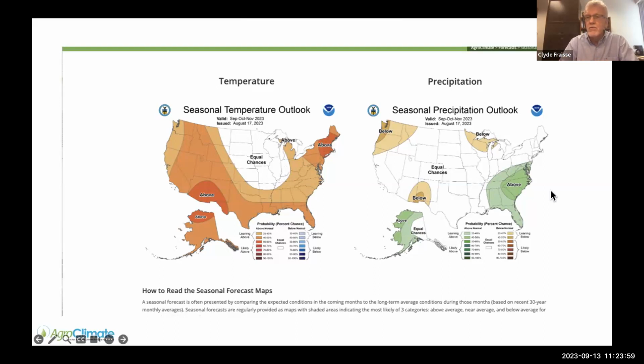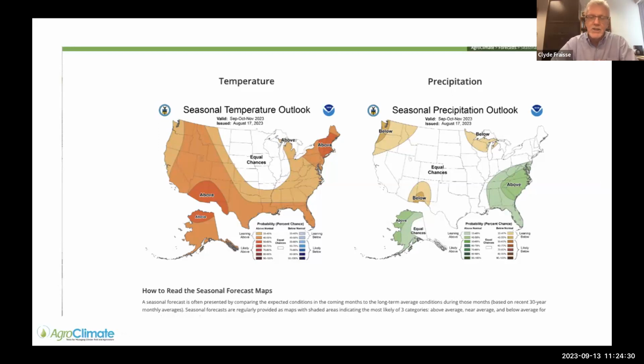The same for rainfall. So what this plot does, it's not a forecast, it's a probability shift based on the current conditions of the atmosphere and the ocean. And what you are seeing here is that for September, October, November, in the southeast and the eastern side of the country, there is a certain probability shift, not very high, at least here in Florida, that we will not have equal chances.